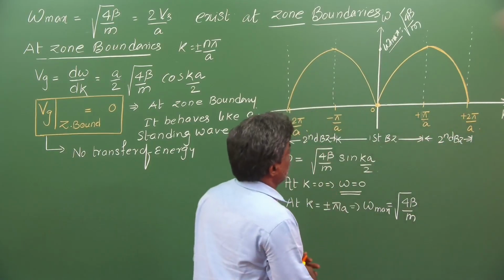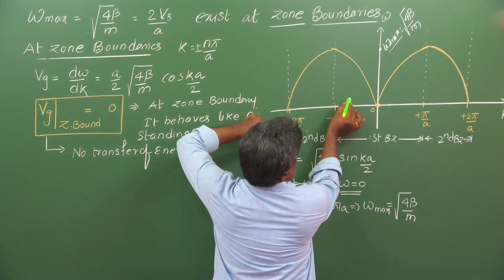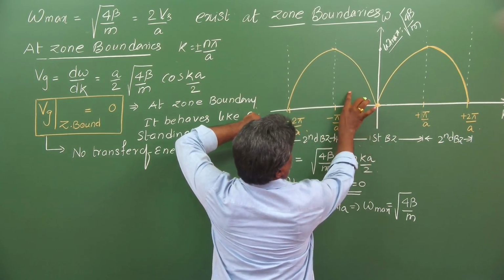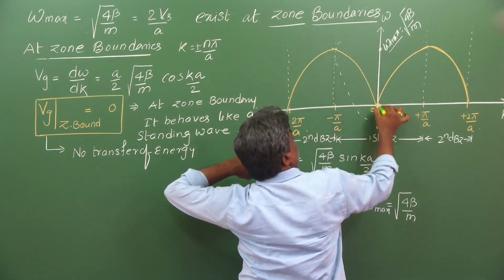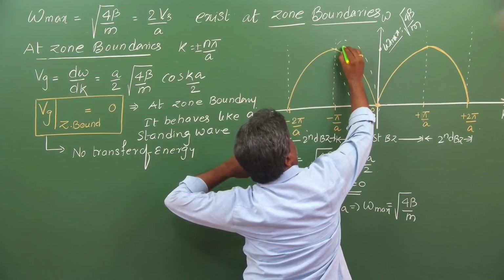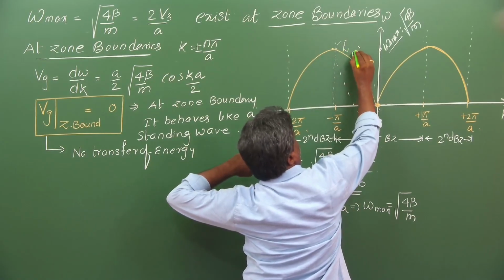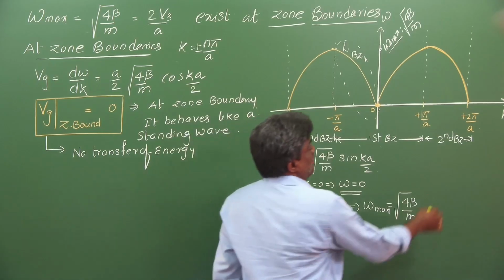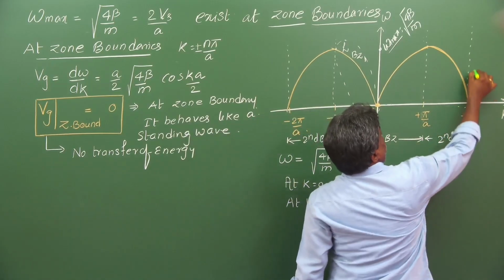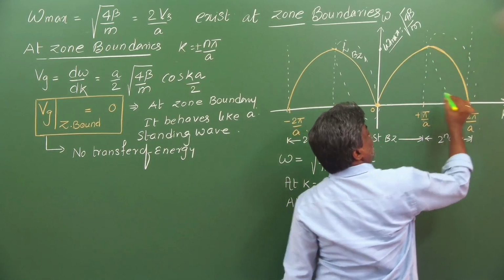Good. Now all of you please see the first Brillouin zone. This is the left side or right side? This is the left side of the first Brillouin zone. Say yes or no? Yes, now everybody see this. Is it the second Brillouin zone or first Brillouin zone?